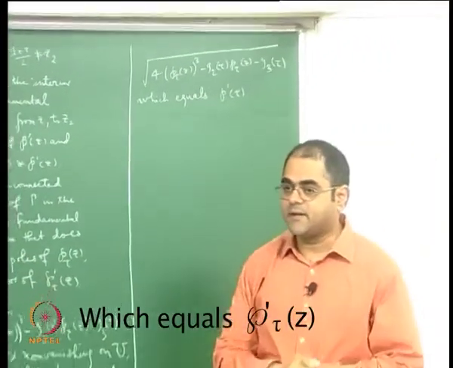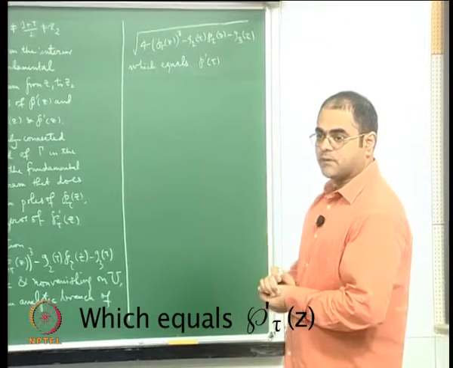I can find an analytic branch which equals phi prime tau, right.